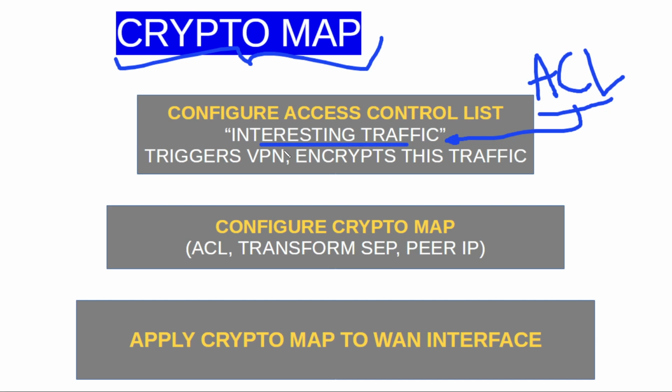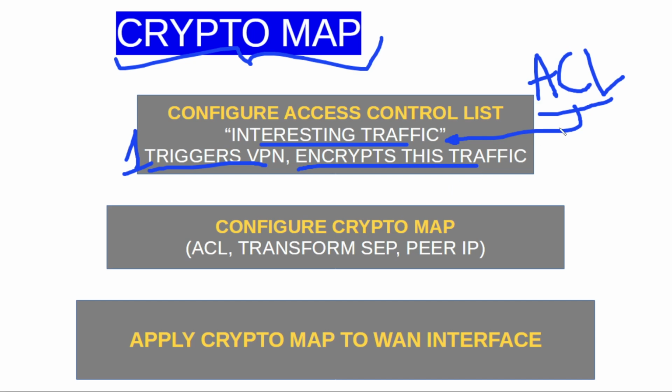The first time this interesting traffic travels through the wide area network interface, it is going to trigger IPsec. Before that, IPsec remains dormant and it is not doing anything. But once interesting traffic travels through this interface, IPsec is going to wake up and start negotiating settings with a remote peer. And then further traffic that is interesting traffic is going to be encrypted.